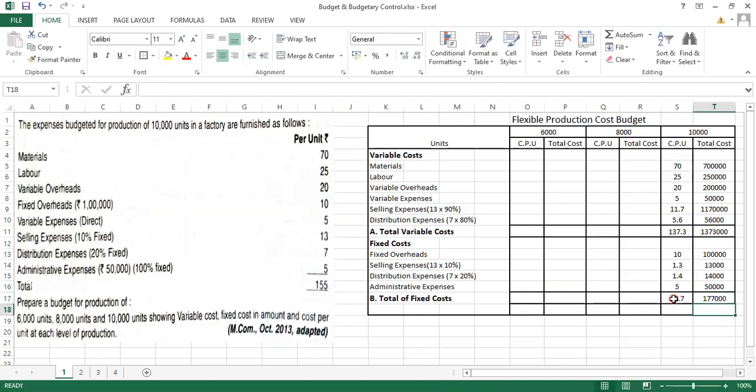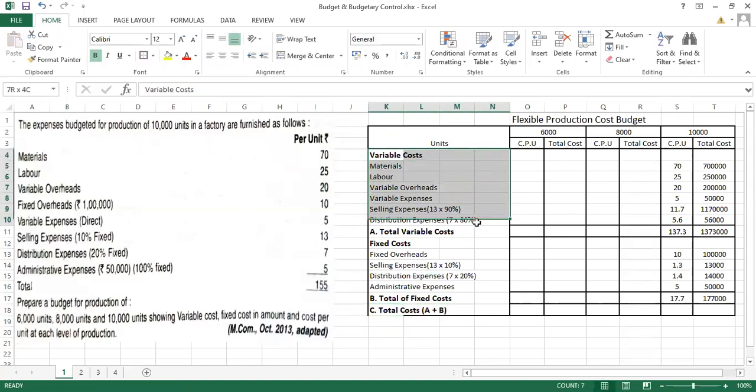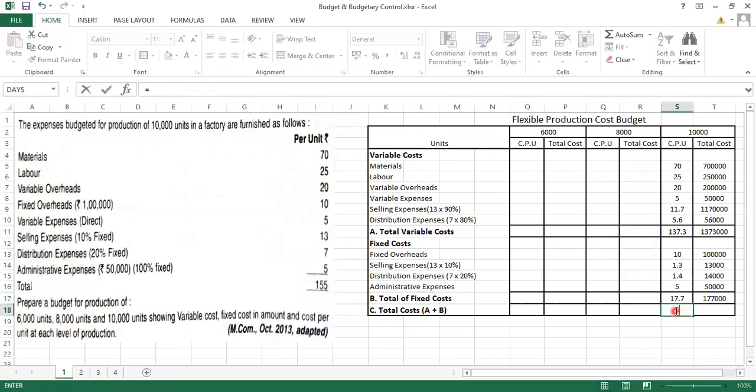तो टोटल कॉस्ट कैसे मिलेगा? A plus B. Just do the addition, this plus this.